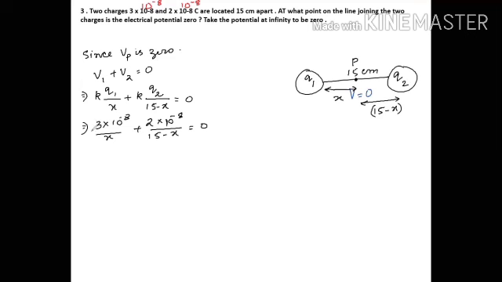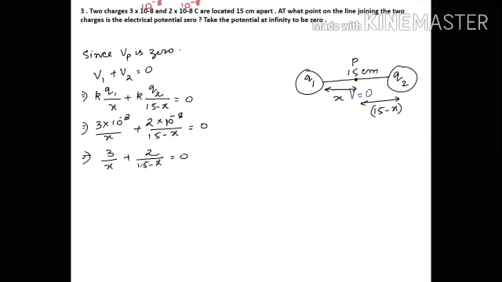Remember, I have taken k common, I have skipped the step there. You can also take 10 to the power minus 8 common and take it to the other side, so again it will become 0. So you will be left with this term, 3 by x plus 2 by 15 minus x equal to 0.